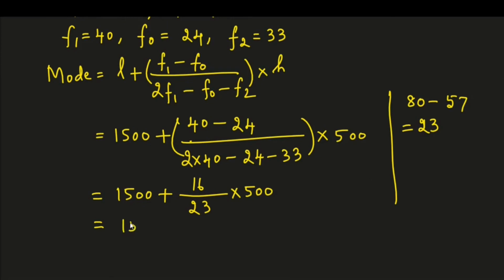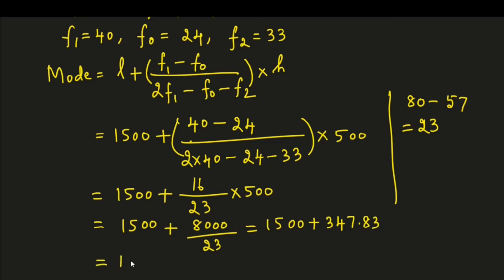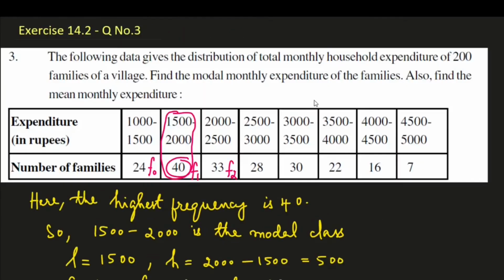This is equal to 1500 plus 16 into 500 is 8000, by 23. This is equal to 1500 plus 347.83. So this is equal to 1847.83. This is the modal monthly expenditure of the families.